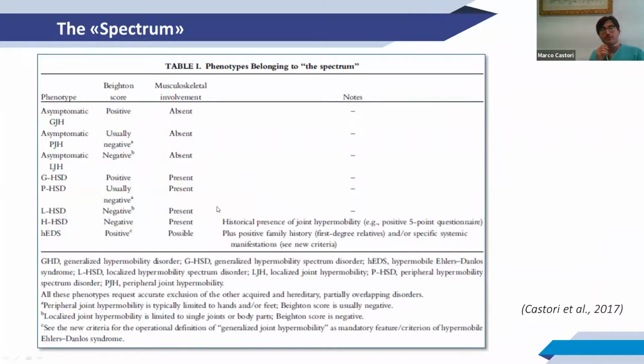This is a table representing what I said in the previous slide: all the articular phenotypes taking part in the spectrum. The spectrum is a broader term that includes asymptomatic joint hypermobility, the hypermobility spectrum disorders, and hypermobile EDS, because these three broad phenotypes are intended as a continuous spectrum of phenotypes.